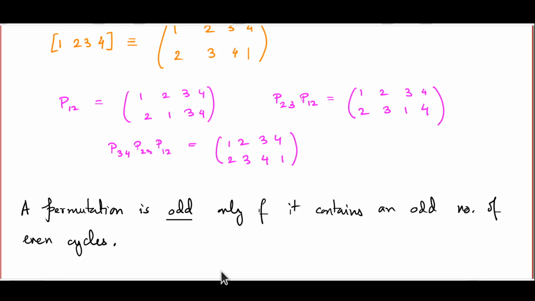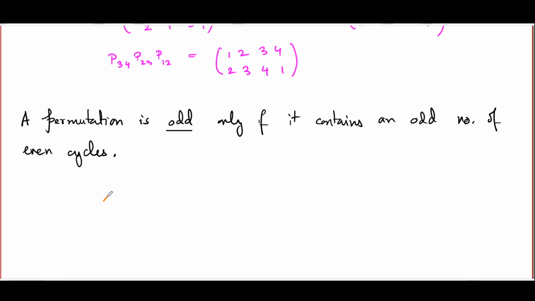So a permutation can be an odd permutation only if it contains an odd number of even cycles. So just look at the cycle structure, find out how many of the cycles that go into this particular permutation are even, and if that number happens to be odd, then you have an odd permutation. Otherwise, your permutation is an even permutation.